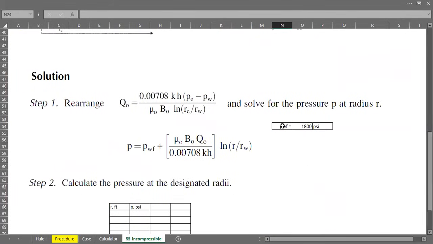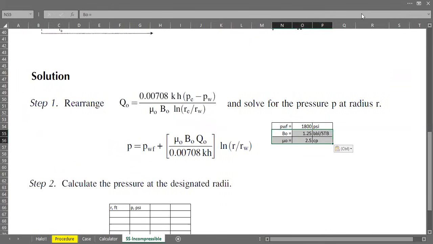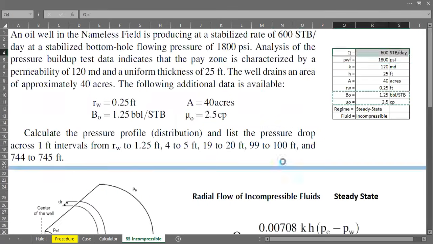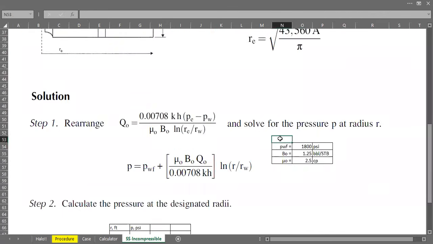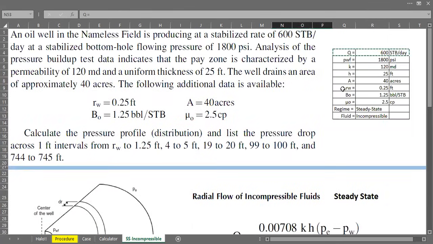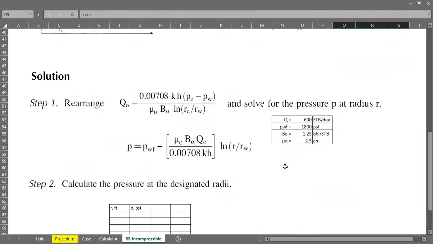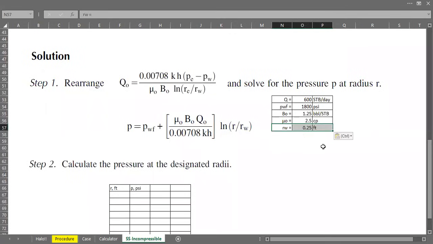Okay, copy and paste here. And also the flow rate. I will take the number and wellbore radius, rw. All right. So first I will calculate this term.